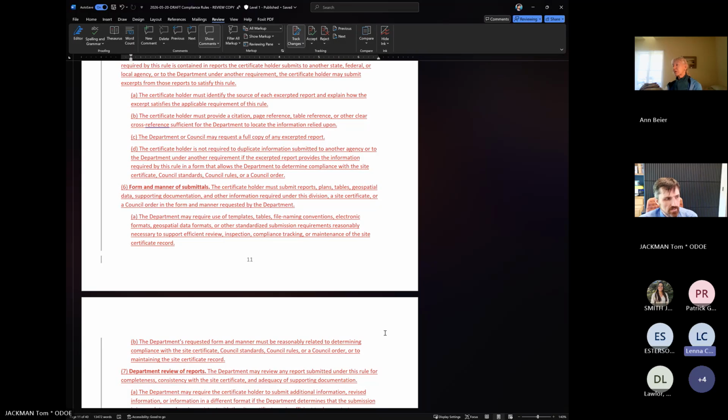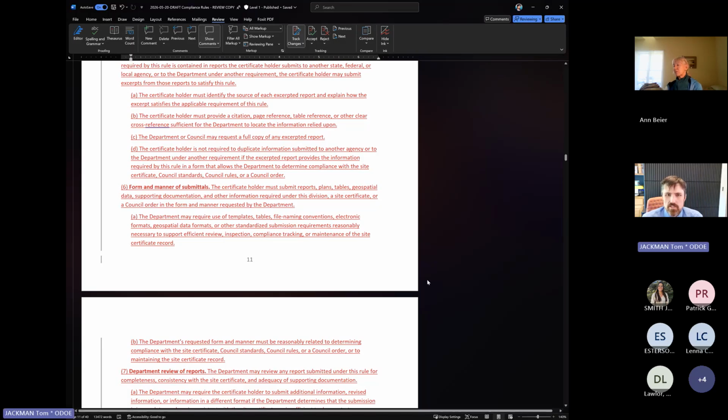Yeah, that answers. Okay. I mean, the idea behind this particular thing here in terms of form and manner of submittal is that we only have so much manpower and time, and there are all of these pressures to be super efficient, and obviously we're charging folks for the time spent on compliance, and it's really like help us help you.